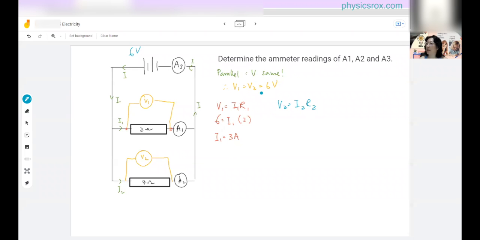V2 is 6, I2 we don't know, R2 is 4. You only look at that section, you count only for this one. You will get 1.5 ampere. That means A1 reading is 3 ampere, A2 reading is 1.5 ampere. Then we learned I1 plus I2 becomes I. That means A3, you add together, 3 plus 1.5, you get 4.5 ampere.